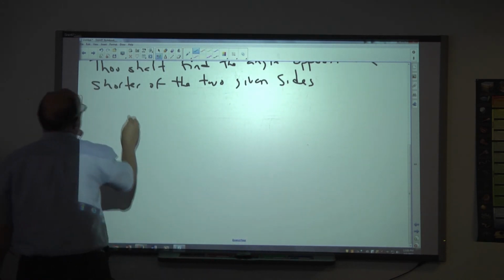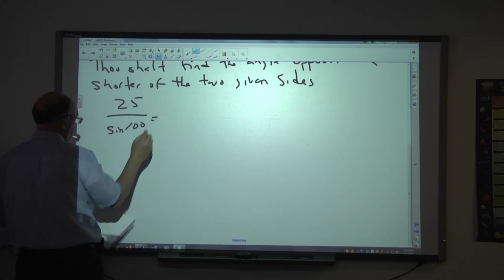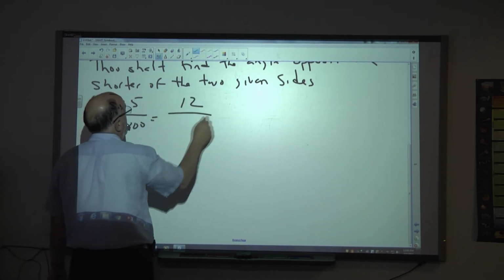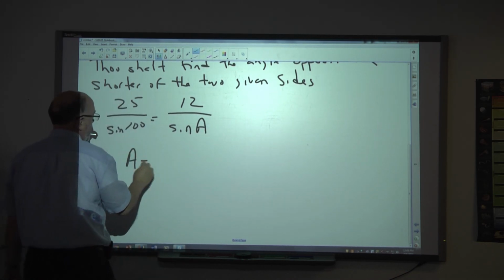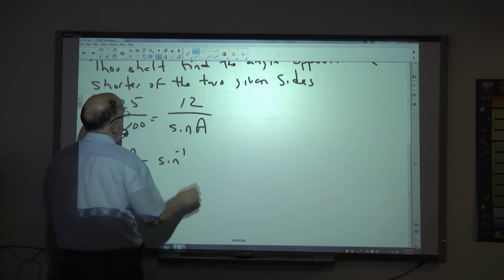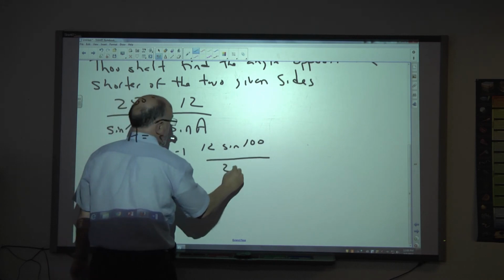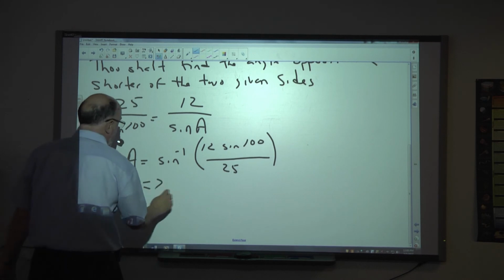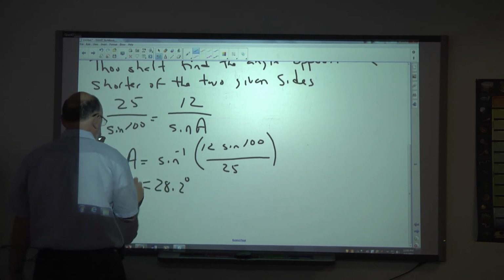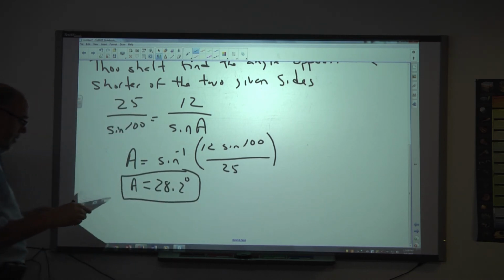And so we have 25 over the sine of 100 is going to equal 12 over the sine of A, and so angle A is going to be the inverse sine of 12 sine 100 over 25, and you plug that in, and this will come out to be 28.2 degrees. Right? So we have our information in regards to our triangle.